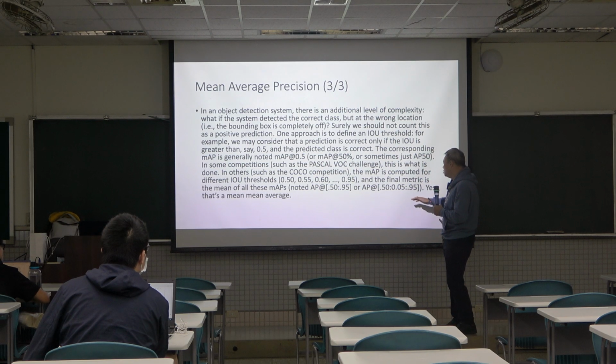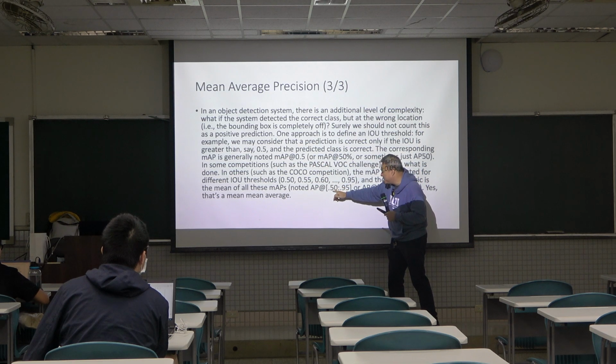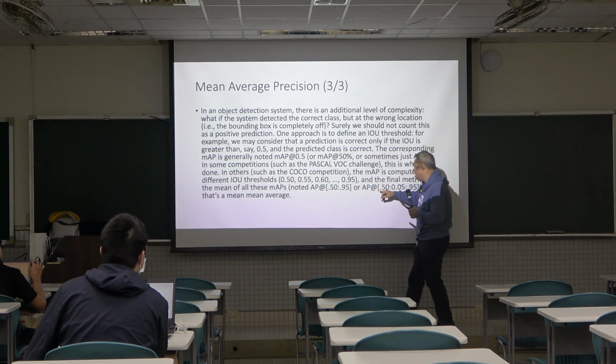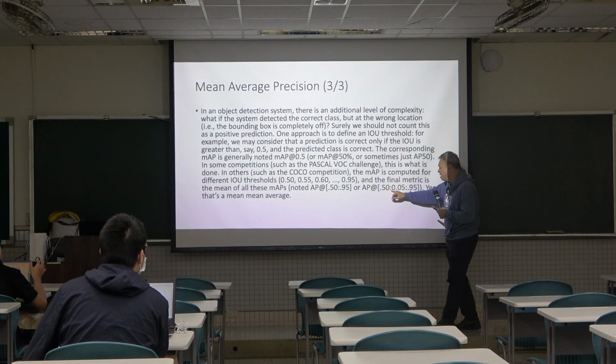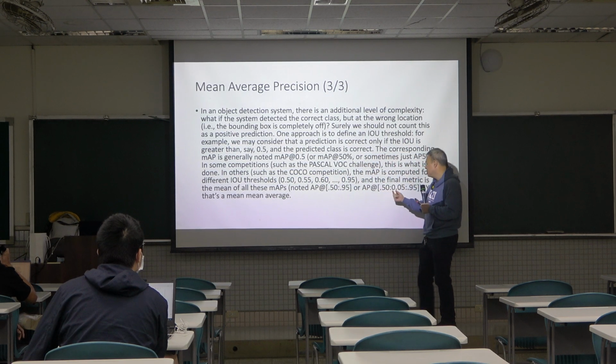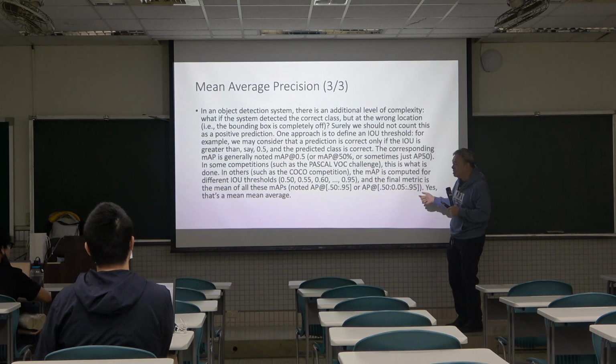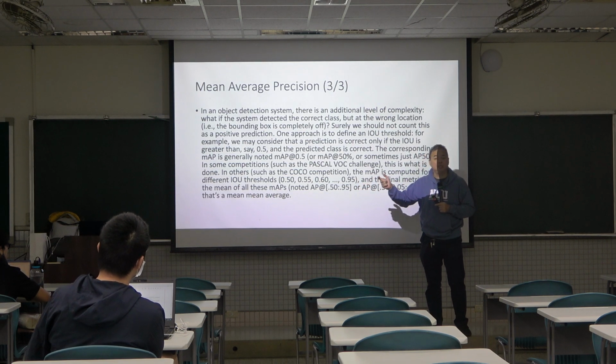So it is represented as AP at 0.50 to 0.95, and the 0.05 just means the step between different thresholds up to 0.95. So this is a mean average.